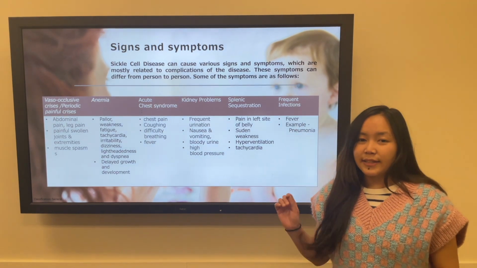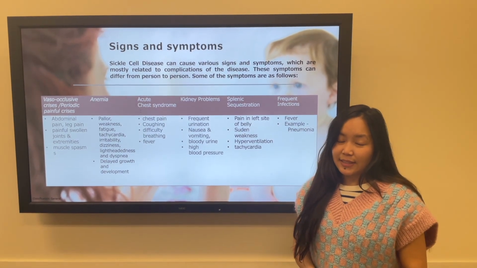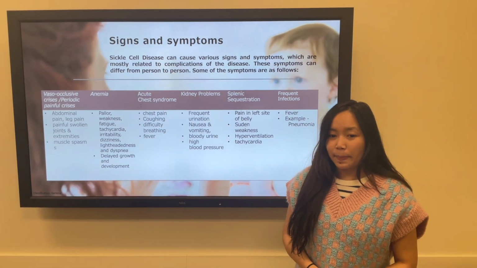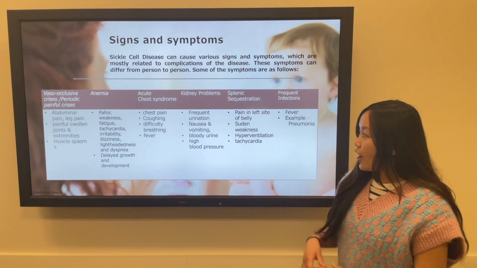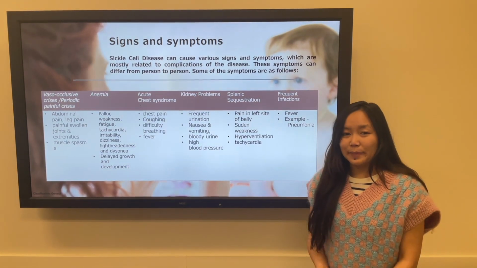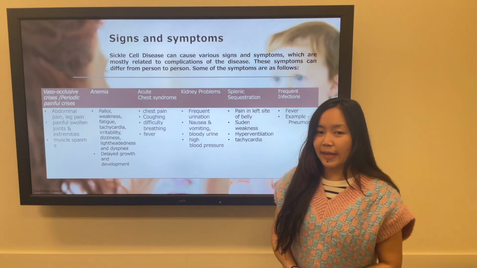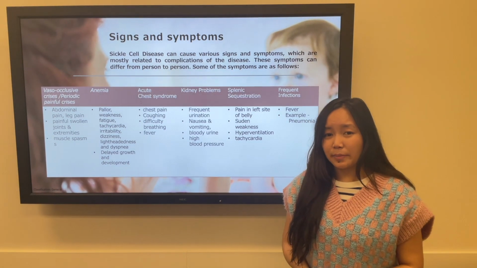Other signs and symptoms are related to the complications of sickle cell anemia, and they can vary from person to person. Some of the complications are vaso-occlusive pain crisis, which is manifested as abdominal pain, leg pain, joint pain, and muscle pain.